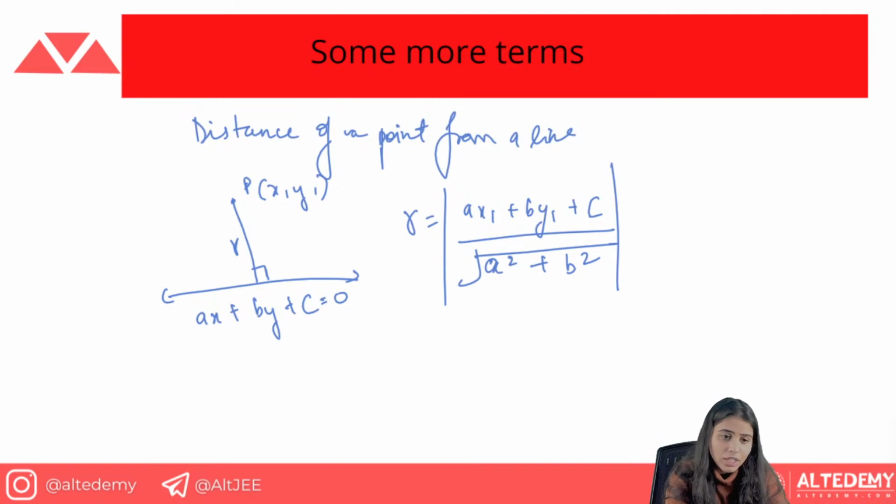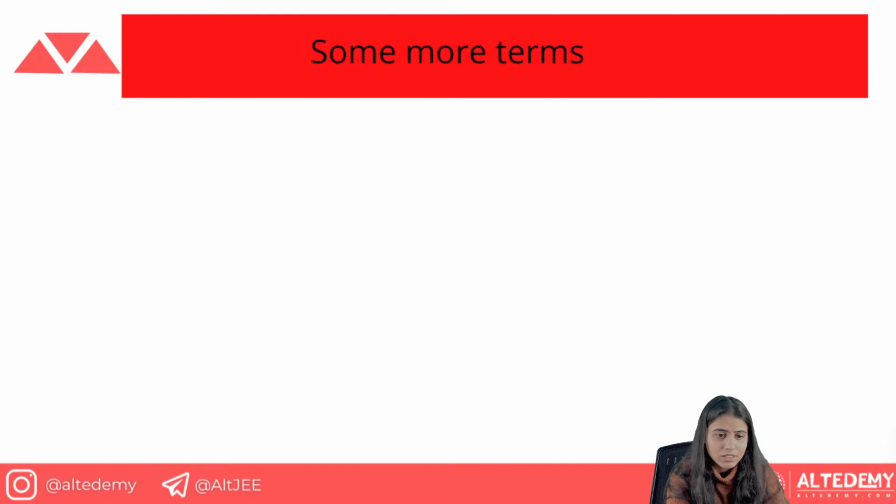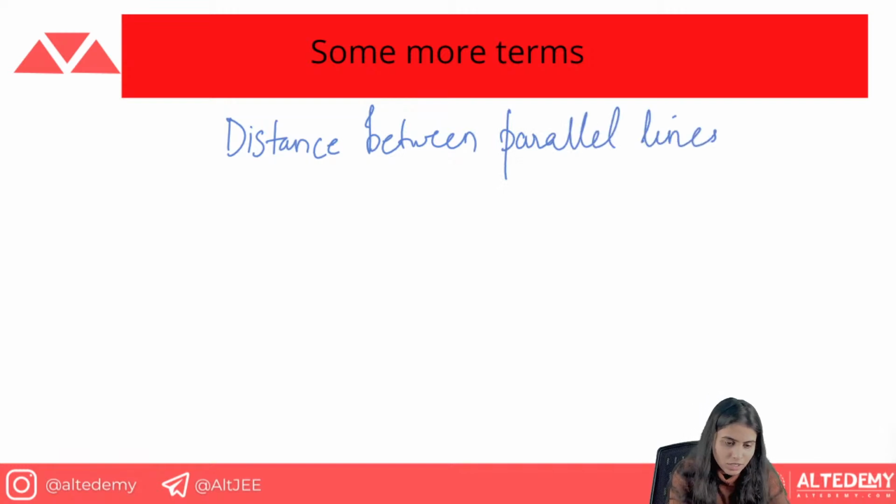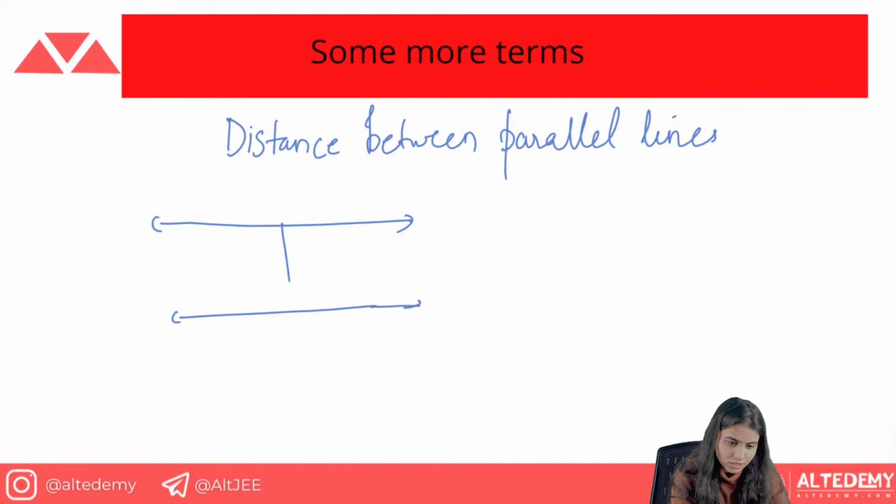Now, distance between parallel lines. One thing more that is left is the distance between parallel lines. This is one parallel line, this is another parallel line, and this is the distance between them, known as d.